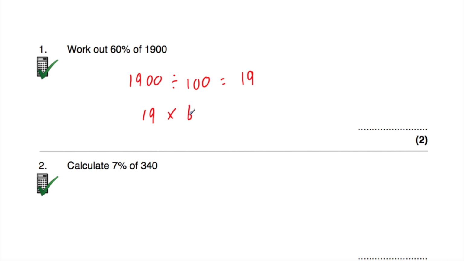So we just divide by 100 and then multiply by the percentage we want. 19 multiplied by 60 is equal to 1,140. So the answer is 1,140, and that's it.